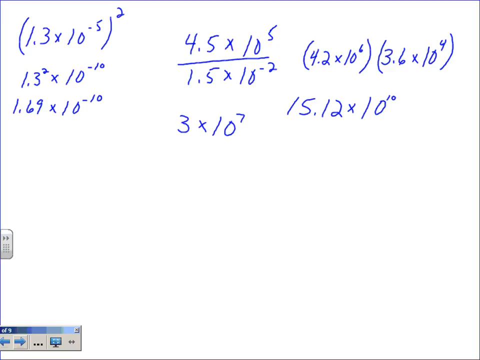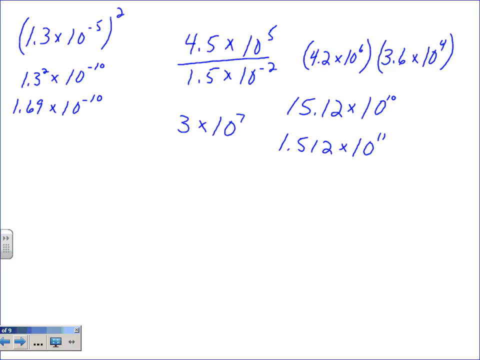Well, it's not exactly in scientific notation, is it? Okay. So what do I have to do? You just move the decimal over 1 and add on. Perfect. I move this decimal over one place to the left, which is 1.512, and then I add one on here to make it 10 to the 11th. That's one way to do the problem.